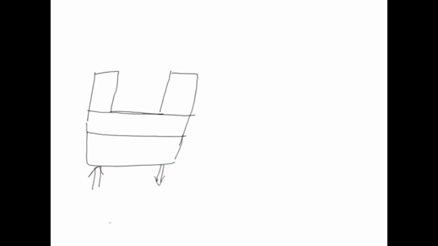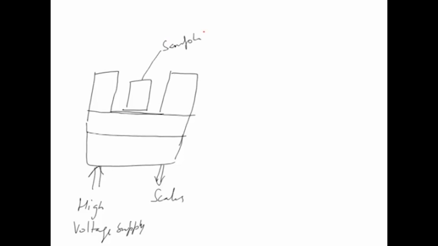Now, here you have a high voltage supply, and there is a scaler here. In solid scintillation counting, the sample is placed in a particular lead shielding.